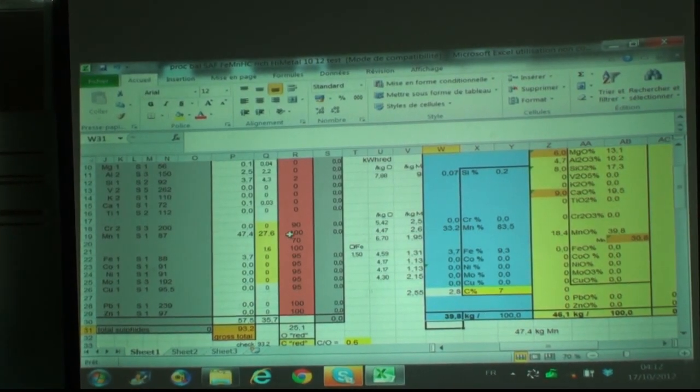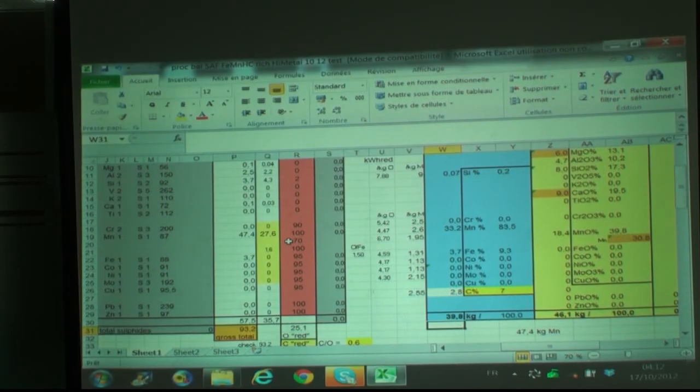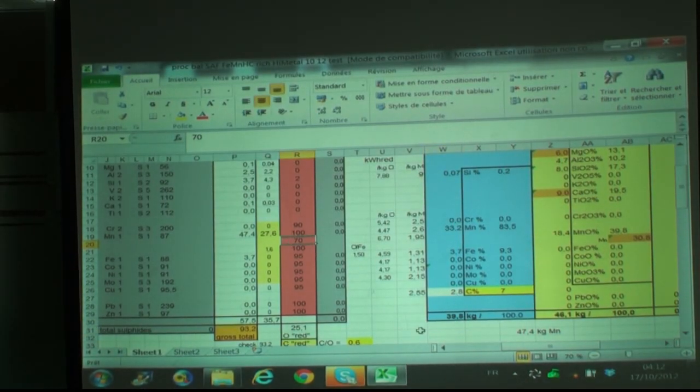So in this case, but I think when we began, I had 71 here. It's more accurate, yes. And for the slag, how do we do it for the slag? For the slag, we just say that... What is it?